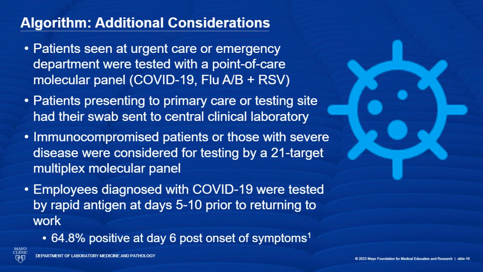And if you'll remember, at this point in the pandemic, the CDC was recommending that an individual diagnosed with COVID-19 isolate at home for the first 5 days, and then on days 6 through 10, they could return to normal activities as long as they were wearing a mask. And so this, again, is additional information that helped to inform some of our decision making about safely returning our healthcare workers to the hospital or outpatient settings.